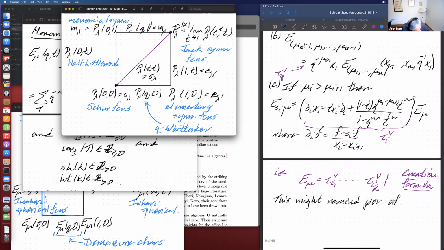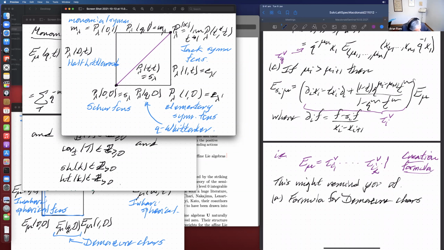The formula for the Demazure character says that the character of a Demazure module is equal to operators applied to x to the lambda. Right, so how do you get a Demazure character?